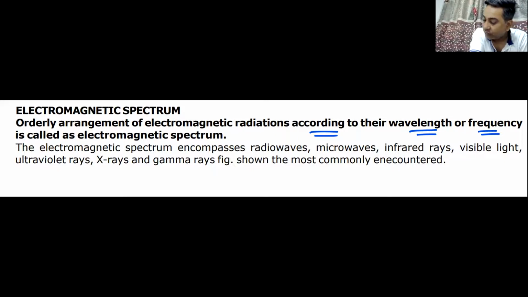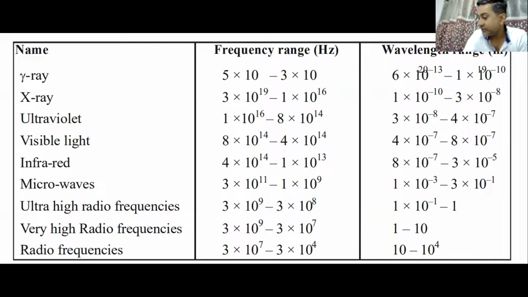We have already gone through this once, but we will again see it because I have seen many times questions coming in NEET based on this: which has a higher wavelength, which has a lower wavelength, which has a higher frequency, which has a lower frequency. Therefore you must not forget this table, and you must remember this table.